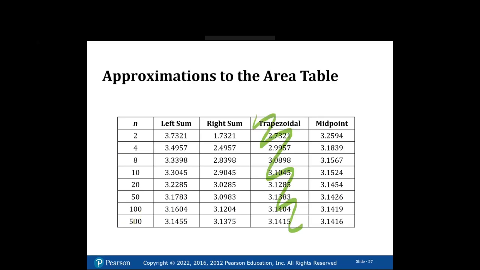As we use more rectangles, you can see that these numbers start to get really close to each other: 3.1455, 3.1375, 3.1415, 3.1416. I'm starting here with crazy differences, and as we go down, the numbers kind of coalesce to roughly the same number. That's just adding to the fact that if I have lots of rectangles, I get a better approximation.